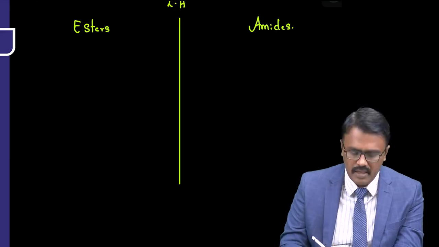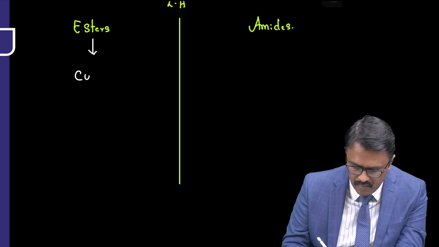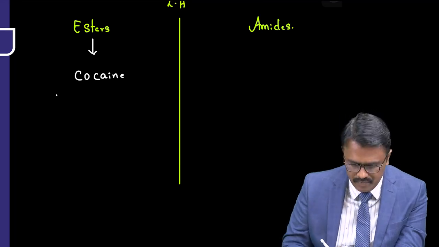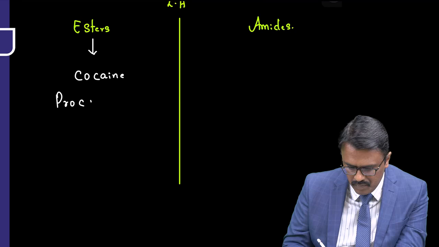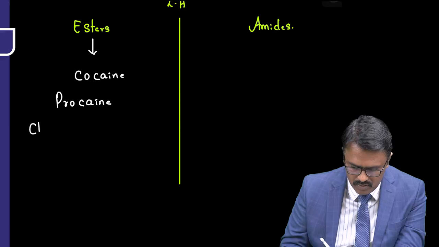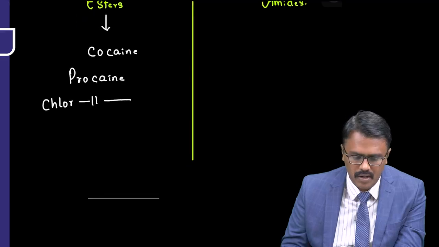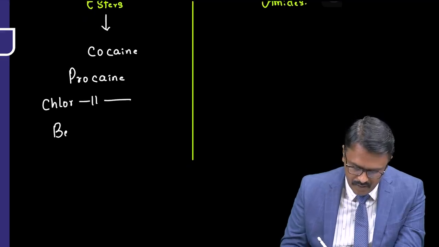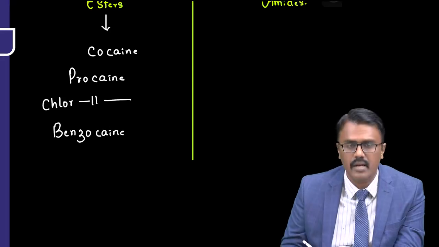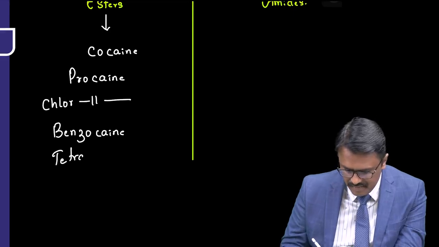Remember, the ester drug example for you is cocaine. Then we have procaine, and for that you add chlor, it becomes chlorprocaine. Then we have benzocaine, and one more, called tetracaine.